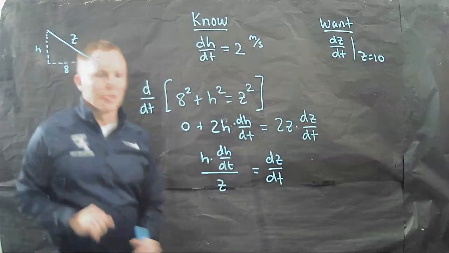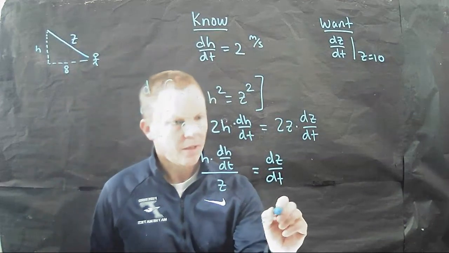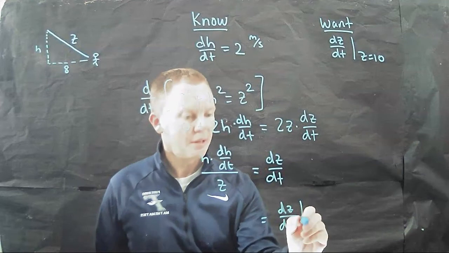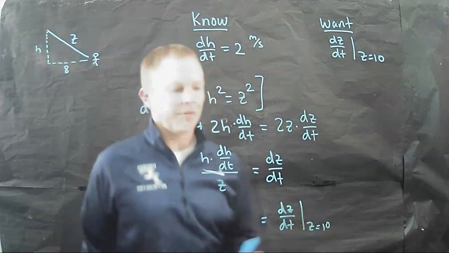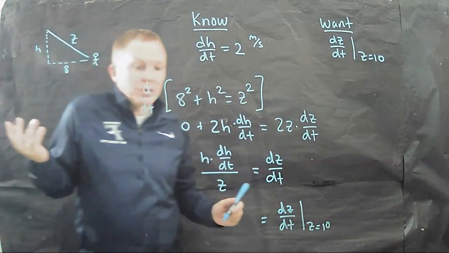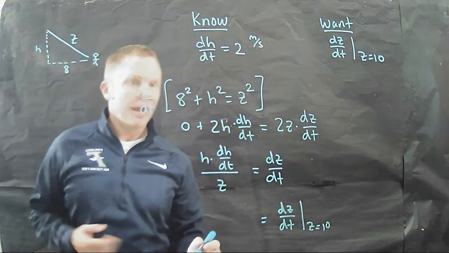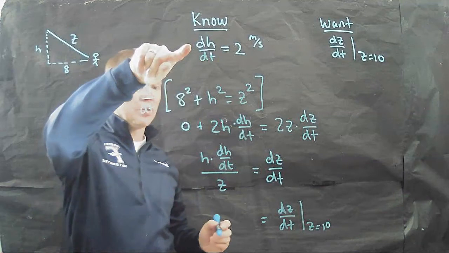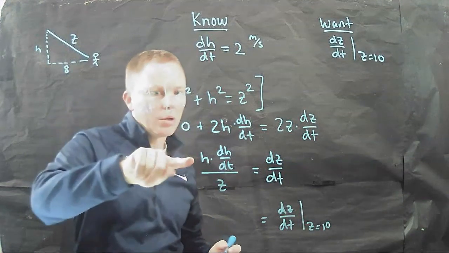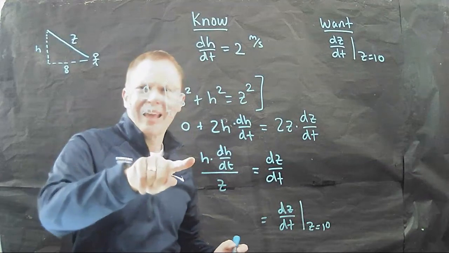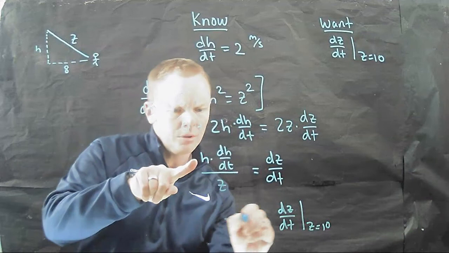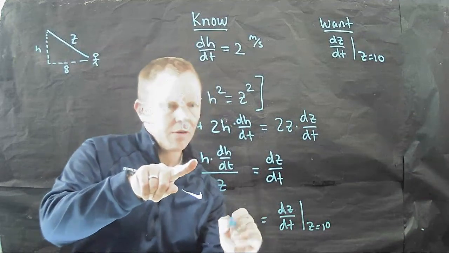All right? So now I need dz dt when z equals 10. That means I've got to plug in z equals 10, right? And I also know dh dt is 2. Uh-oh. I don't know h. I know z is 10, or that's when I want it.